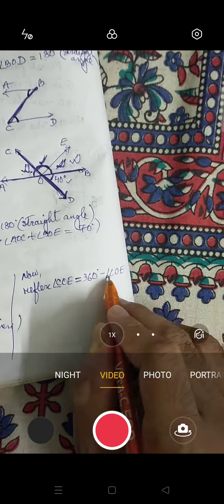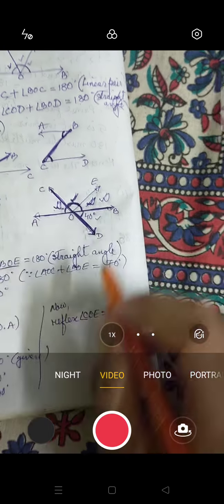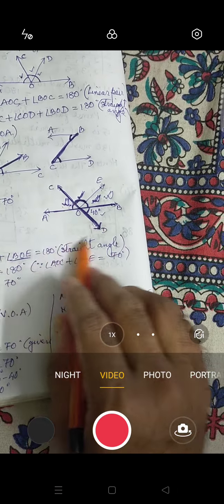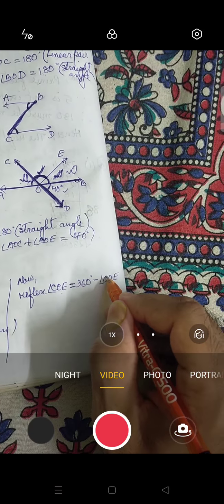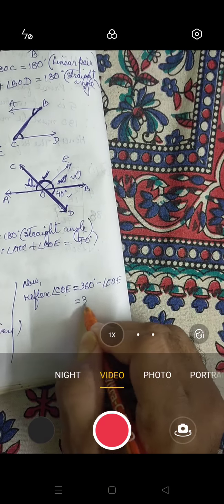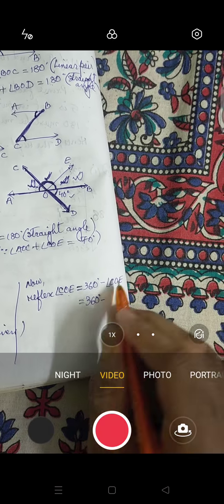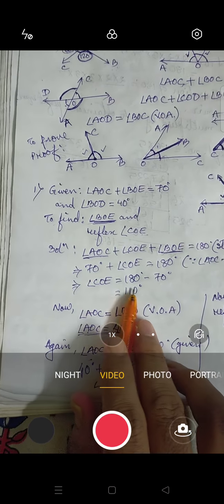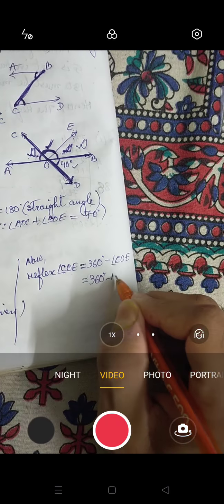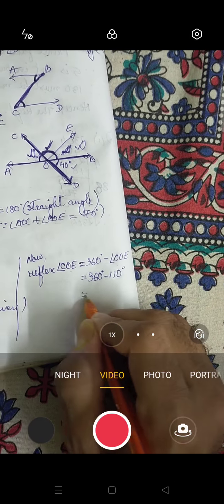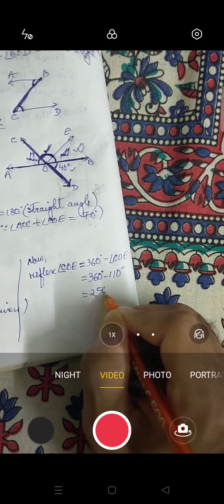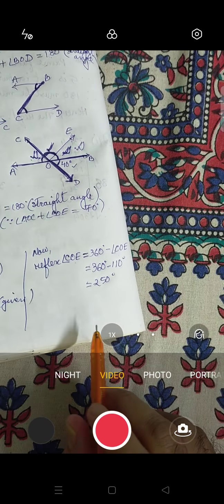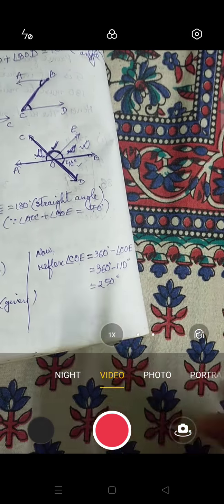Okay, COE means this angle only, but reflex angle means the outer angle. So now this one is 360 degree and angle COE we have calculated is 110 degree. So we'll be writing 110 degree. So this will become 250 degree. So reflex angle COE equals 250.